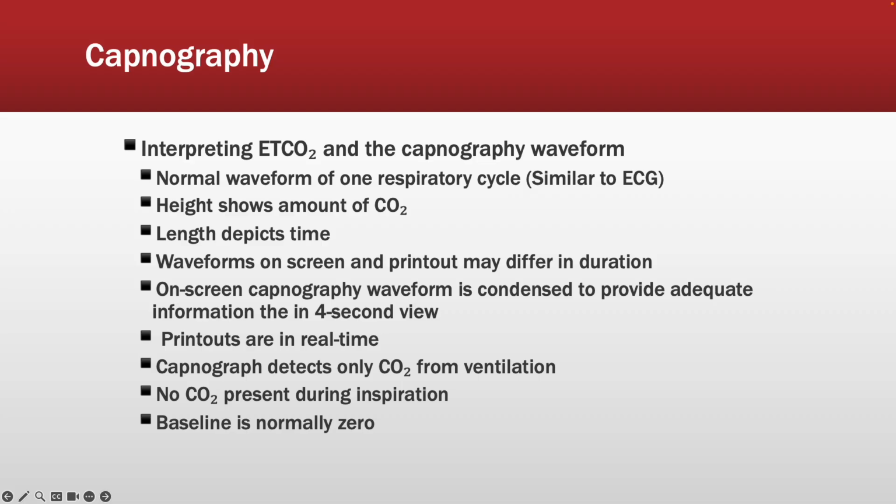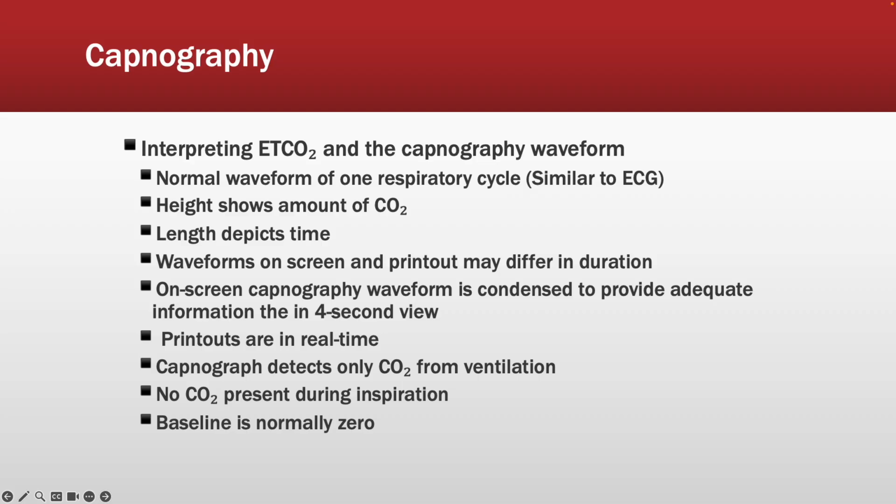On-screen waveform capnography is condensed to provide adequate information in a 4-second view. So we're seeing 4 seconds at a time. Printouts are in real time, so that's why the heights may look a little bit shorter, or a little bit stretched out. It's just a change in your views.